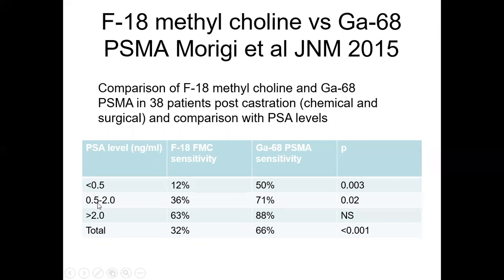So the real area where PSMA will find tumor that you can't find by any other technique is really in that sort of 0.5 to 2 PSA group. Now, that doesn't mean you shouldn't use PSMA imaging in other groups, but it becomes very much a unique agent at that level.